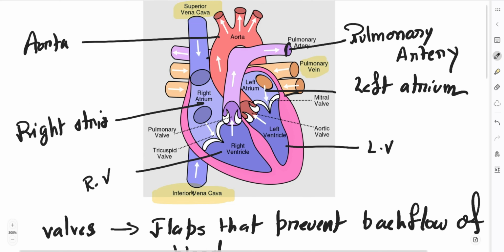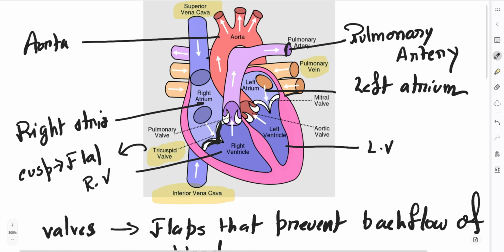The one that is present between the right atrium and the right ventricle is called the tricuspid valve. It also has another name, the parachute valve, but that's not important. It is called tricuspid. Why? Remember, tri means three, and cusp means flap, so it has three flaps.